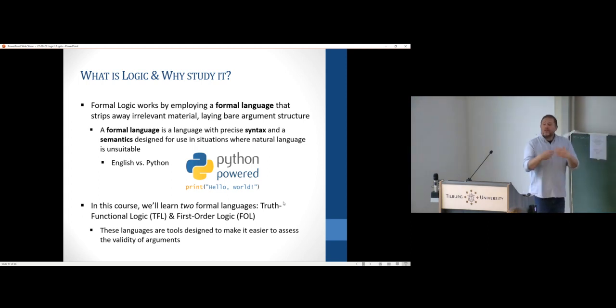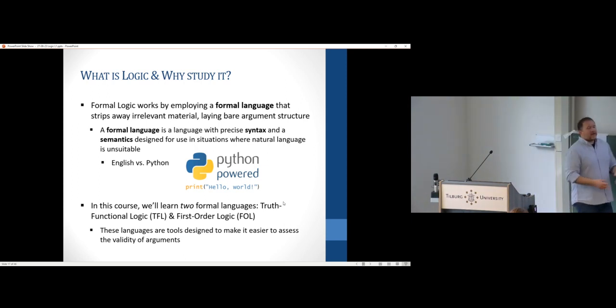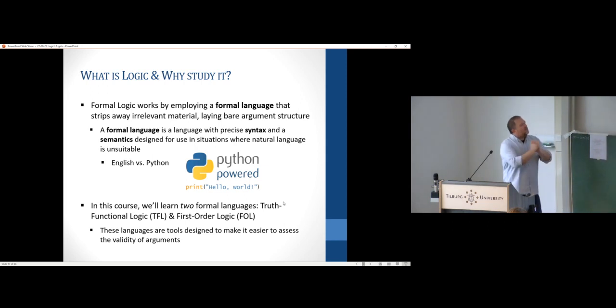So natural languages like English, Dutch, French, German, etc., right, have very rich syntax, very rich semantics. Formal languages are by design extremely restricted. They're tools designed for a specific purpose. And in this course, what we're going to do is we're going to learn two formal languages.